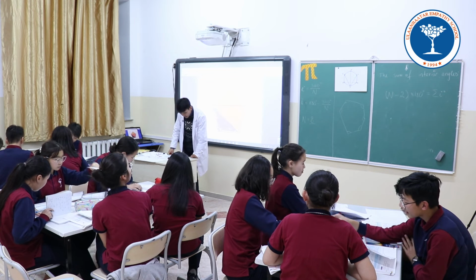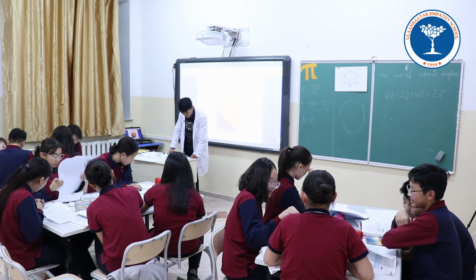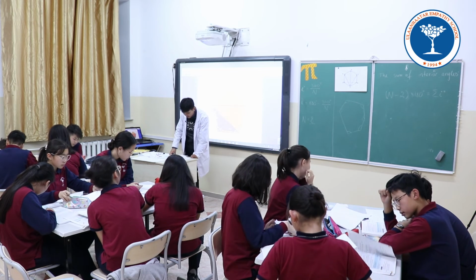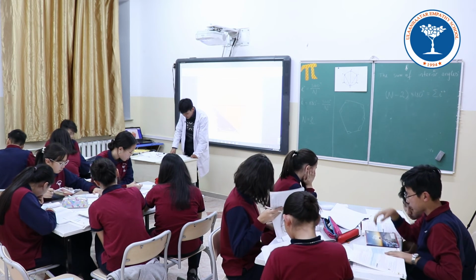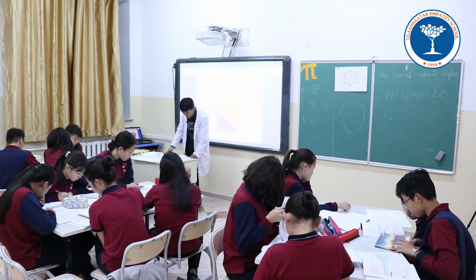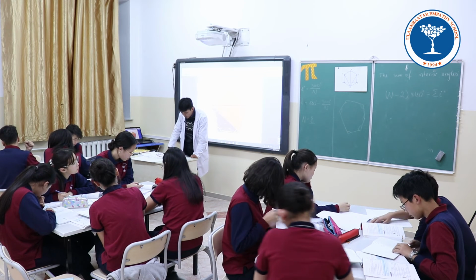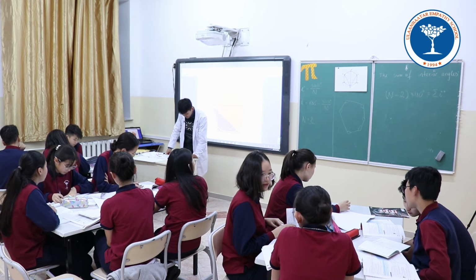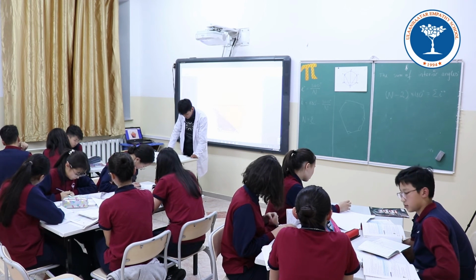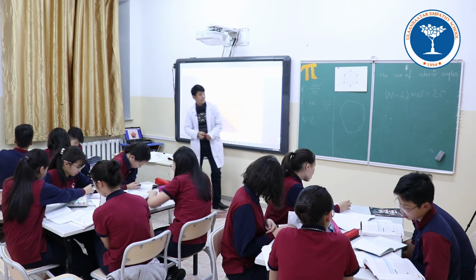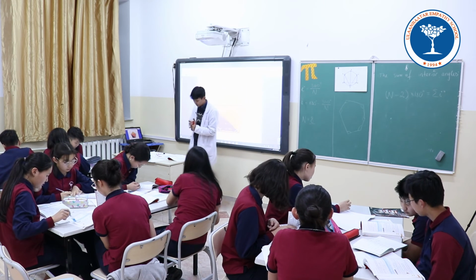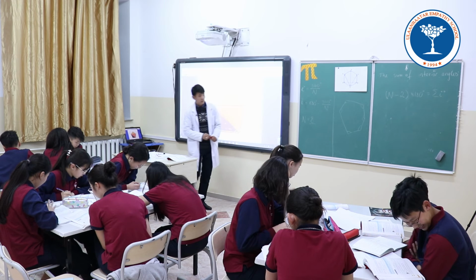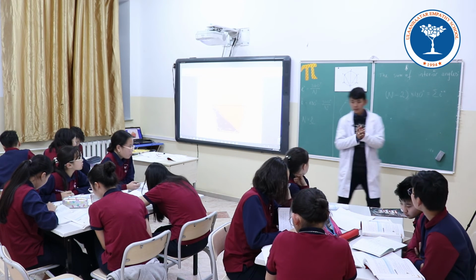Now, work on example 5.2, page 44. One angle of a hexagon is 90 degrees. The other angles are all equal. How big are the other angles? So we have a hexagon here.